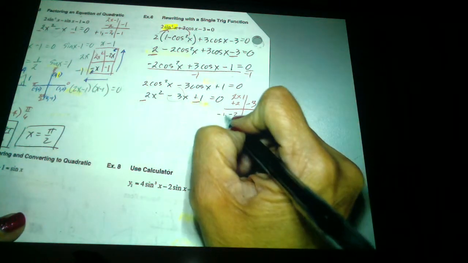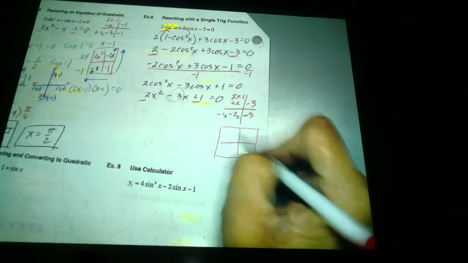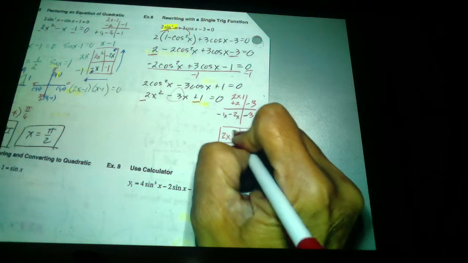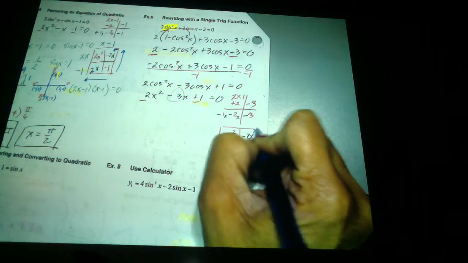Make sure you attach your variable to those middle terms, and then we're going to use our box. Our bookends go in this diagonal, so we've got 2x squared and 1. And then our middle terms go on the other diagonal, doesn't matter what order, negative x, negative 2x. Those middle term boxes carry the sign, no matter what.